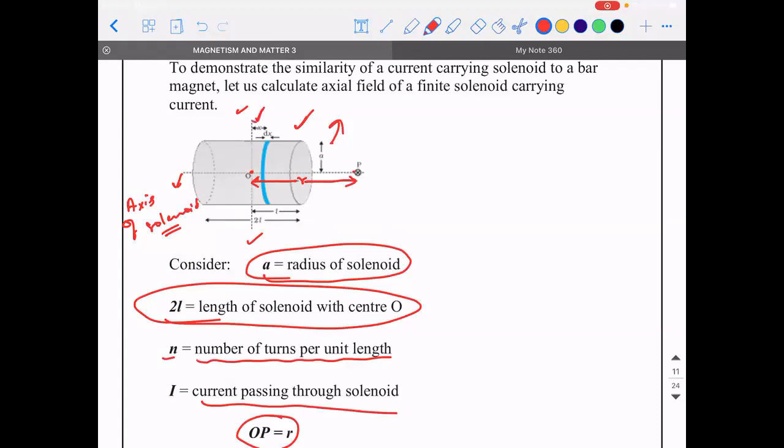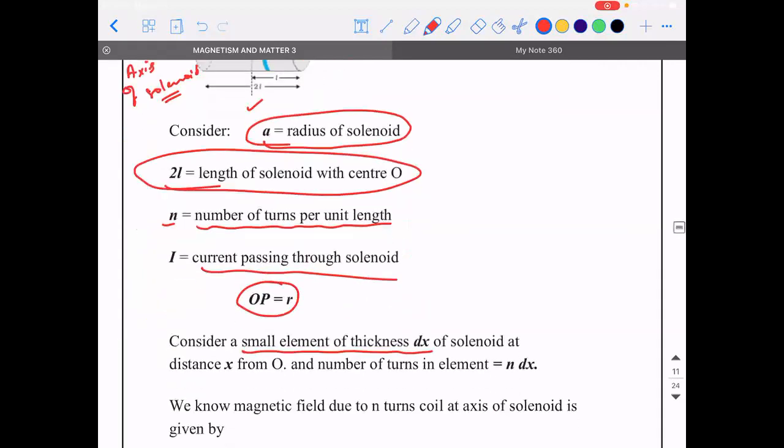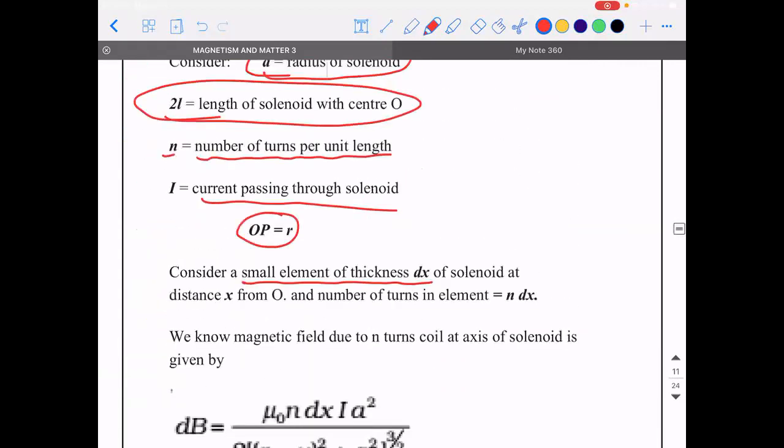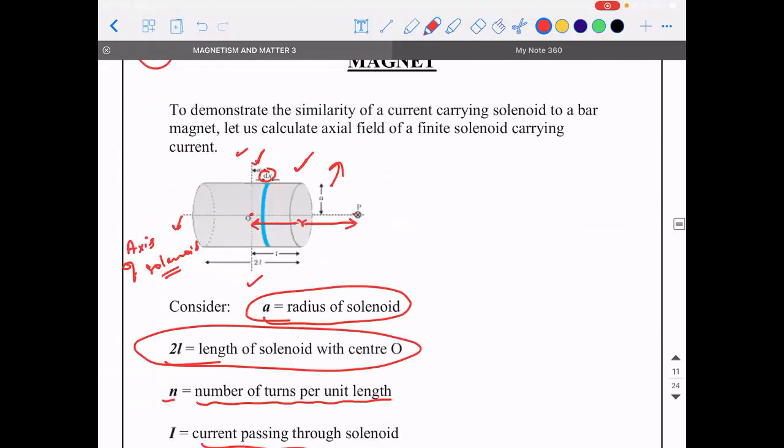Now tell me guys, what will be the number of turns in thickness dx?